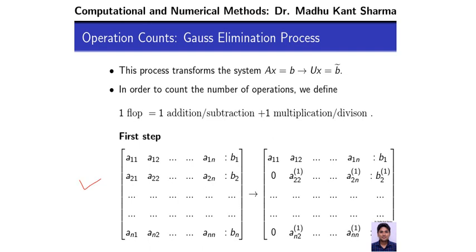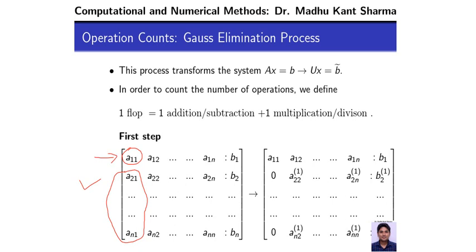The first step is creating zeros below a11. Your aim is to create zeros below a11. This is your pivot element, and this is your pivot row.